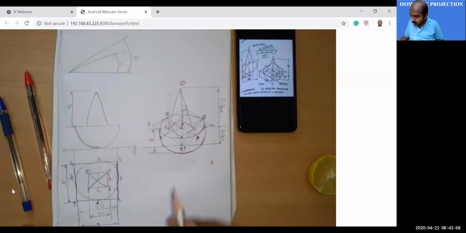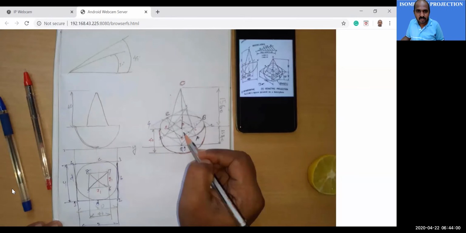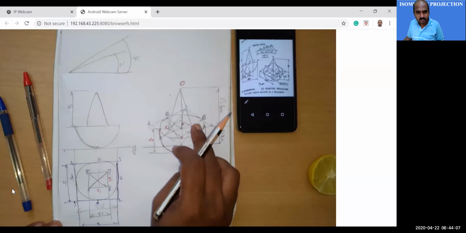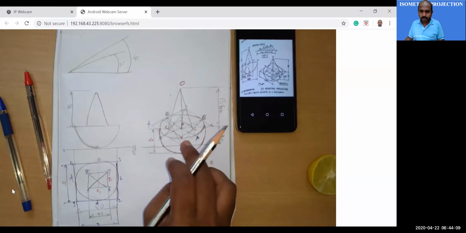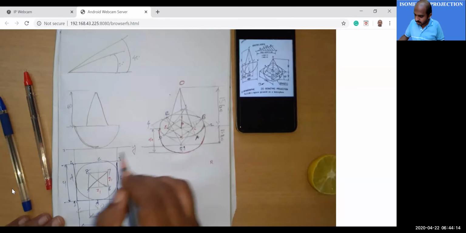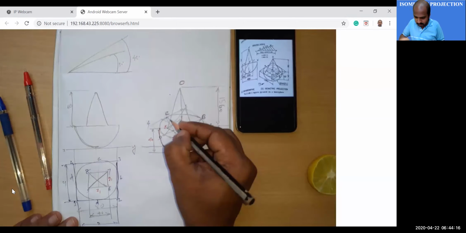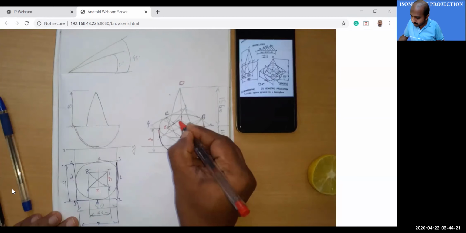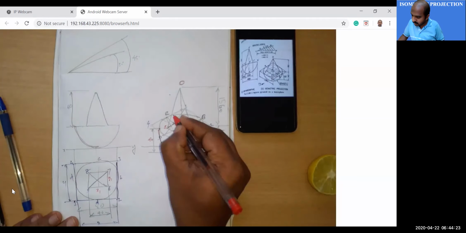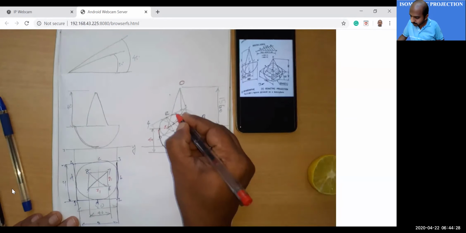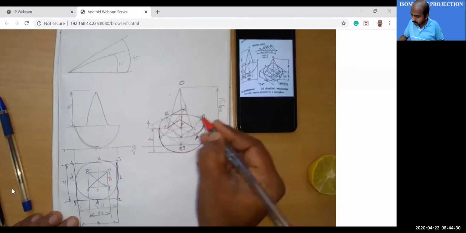Now, as this square pyramid is resting on the surface of the hemisphere, there are some hidden portions. I will show you. This is hidden, and some portion of the hemisphere is also hidden.